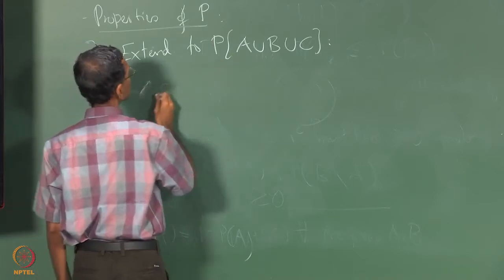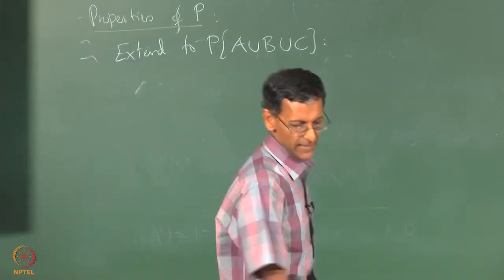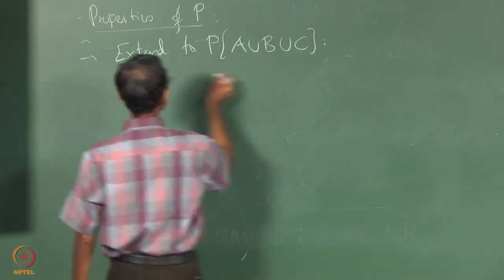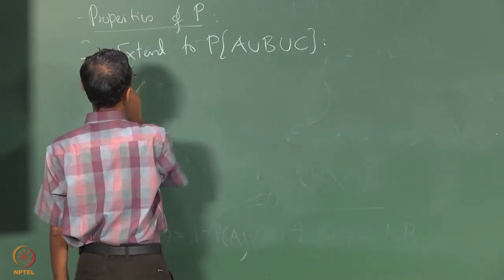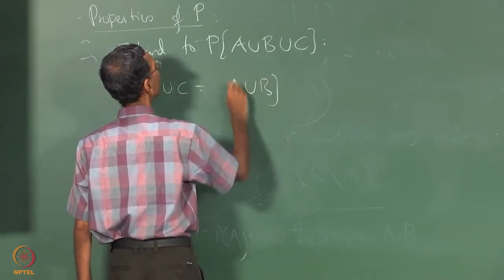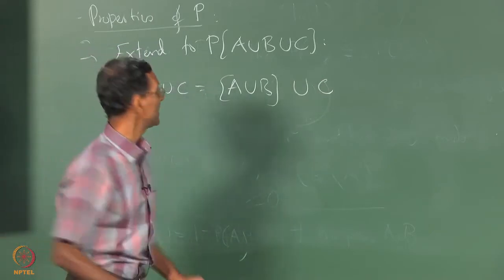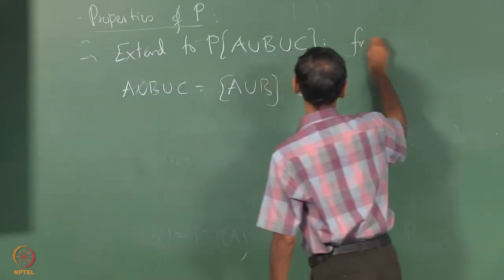so here what we do is you first write this A union B union C as, let's say, A union B union C. You look at it like this for any ABC, not exclusive.